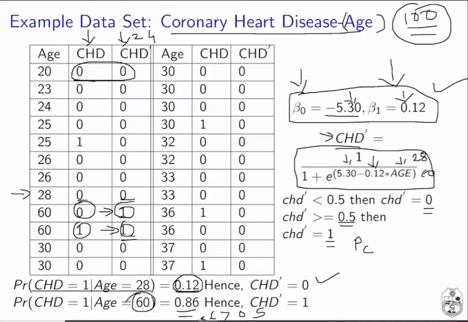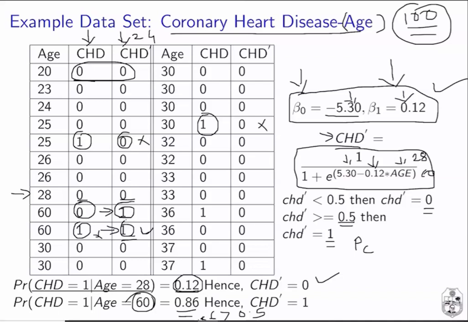Then another case is there in which the actual value is 1 and the predicted value is 0. This is the wrong prediction. And there is another set where the actual value is 1 and the predicted value is also 1. This is the correct prediction. And there are fourth type of entries in which the actual value is 0 but the predicted value is 1. So these are the four types of entries that you will get when you have predicted the values with the model that we have built.